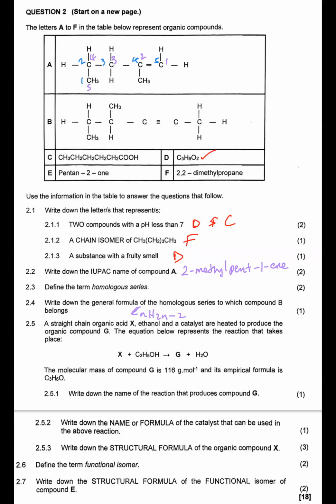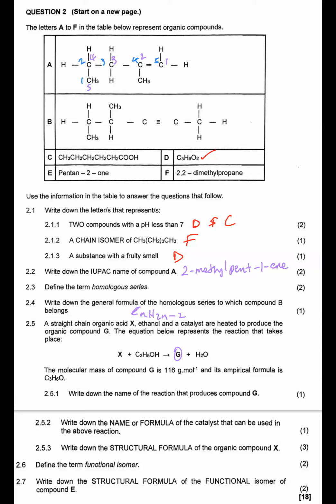A straight chain organic compound X, acid X, ethanol, and a catalyst. What is this? This is an ester. The molecular mass of compound G is that one.